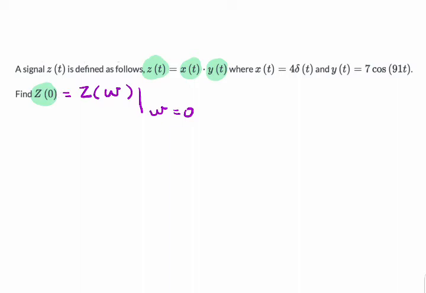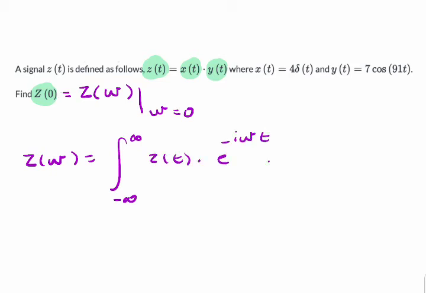So what we would need to do is to write out the definition of a Fourier transform. So z of omega is the integral of z of t times e to the minus j omega t dt. And we would replace z of t with x times y.